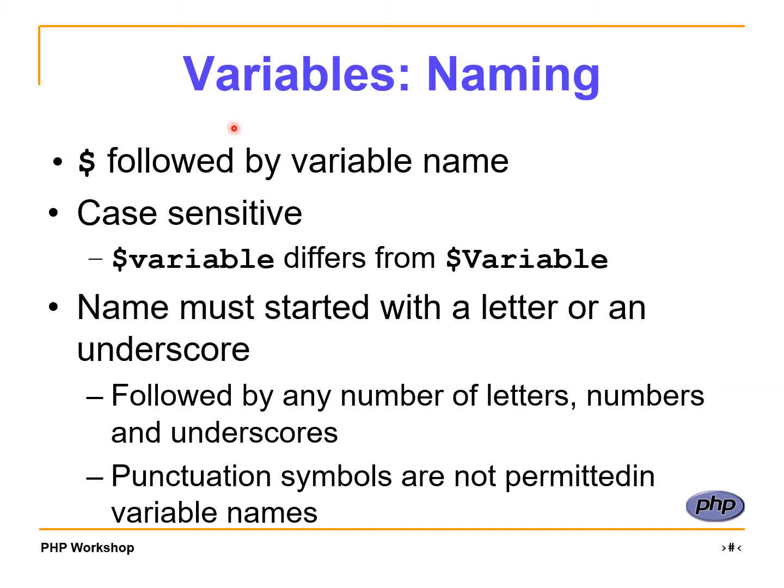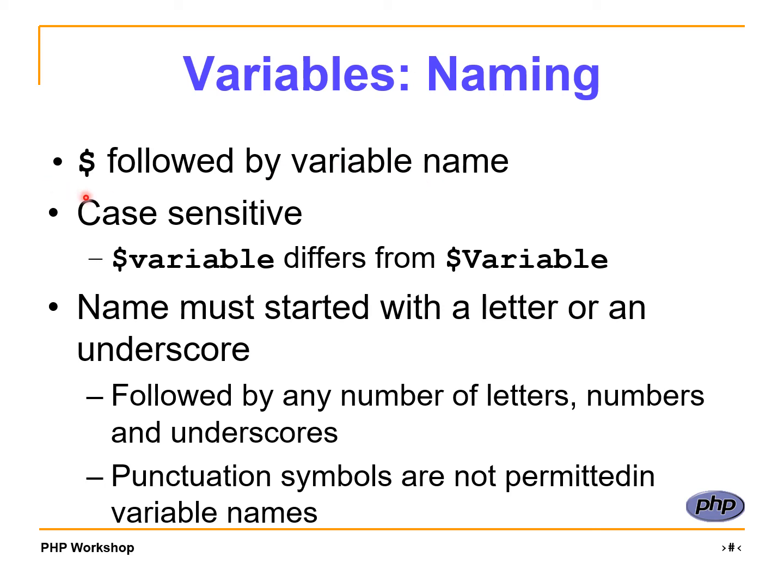Now variables. We know what a variable is. A variable can take varying quantities, and how can we create these variables in PHP, and what are the naming conventions we have to follow while giving a name to a variable. For creating a variable in PHP, we have to use the dollar sign followed by a variable name.